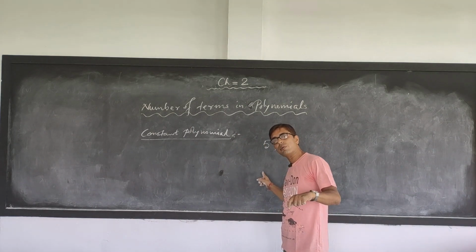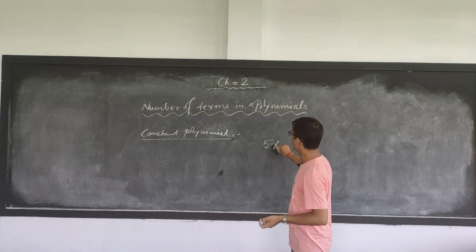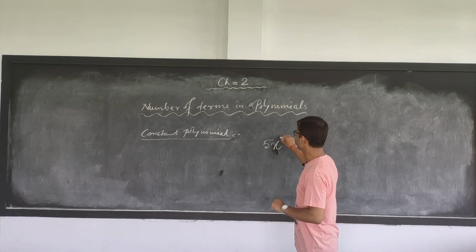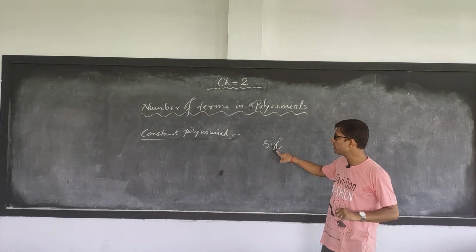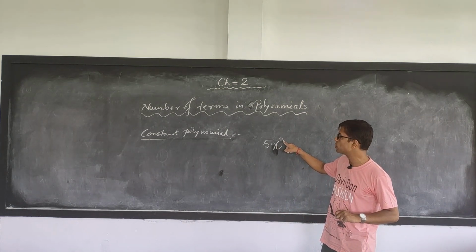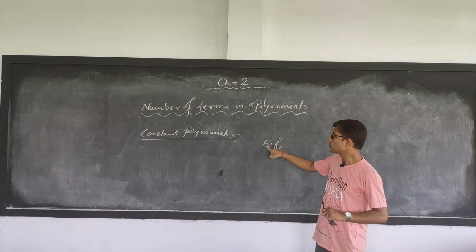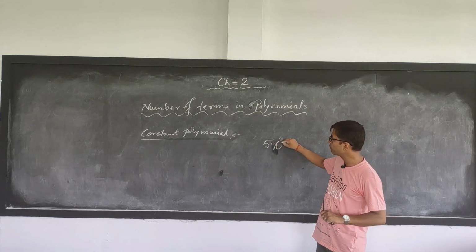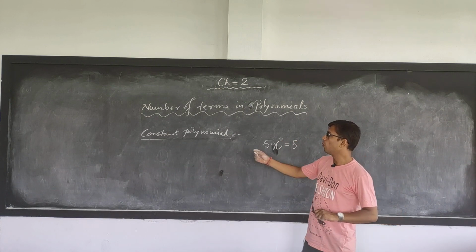Since there is no variable, we can imagine one, say x, with the power 0, because x to the power 0, or any variable to the power 0, is always equal to 1. So writing x to the power 0 indicates 1. So 5 into 1 is ultimately 5. Its value is 5.